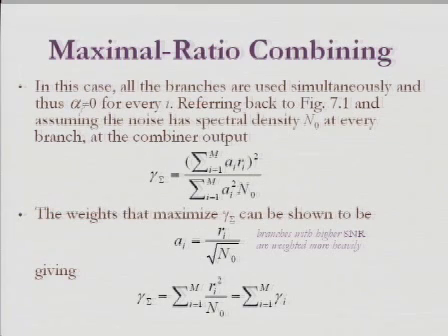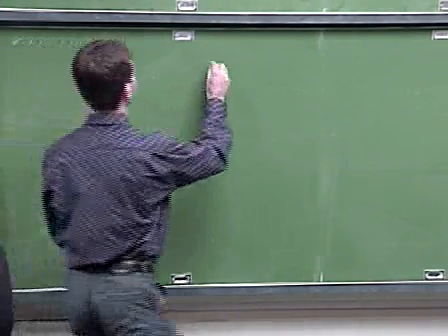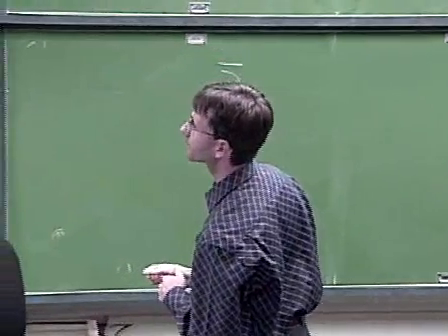Now if you plug these into this equation, what do we get? Well, let's work it out. We get in the numerator a summation of a_i times r_i.